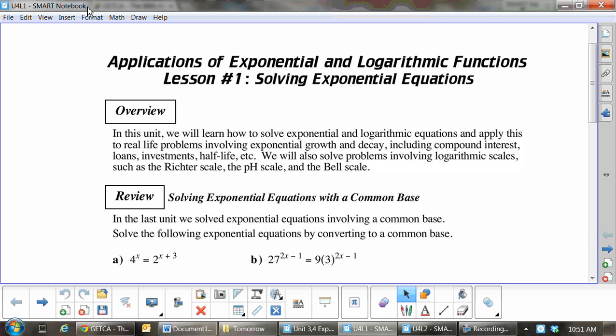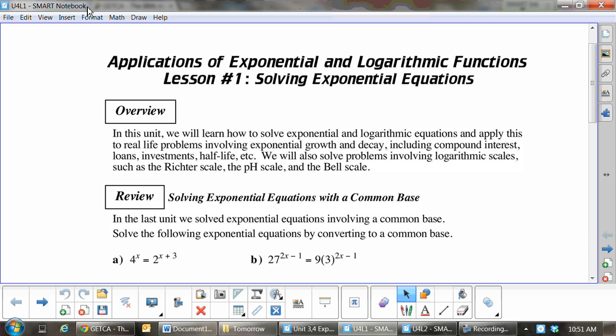A lot of people don't even realize that the Richter scale is all based on powers of 10. An earthquake of magnitude 3 is 10 times more powerful than one of magnitude 2.